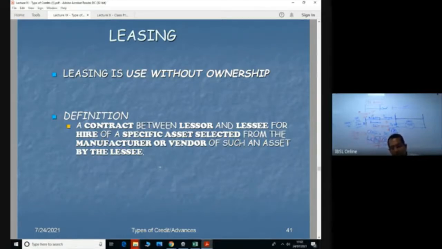The absolute ownership lies with the bank, the lessor. The customer can pay the money we have given to buy the asset, and the related expenses, over a period of time. At the end of the period, he can buy the asset completely, right?